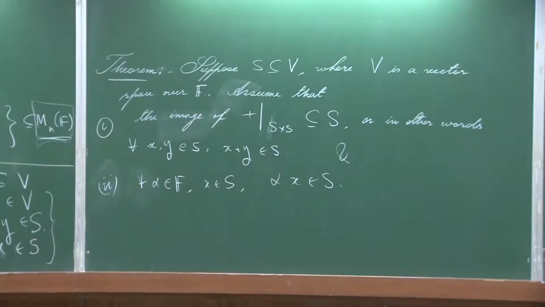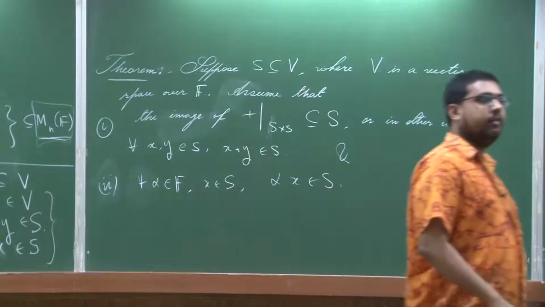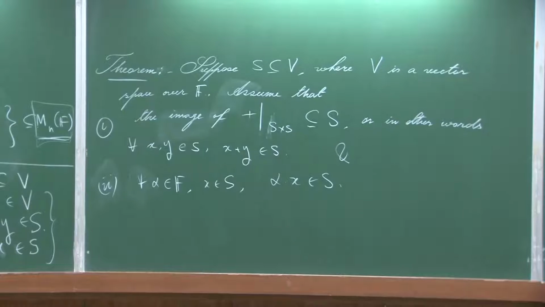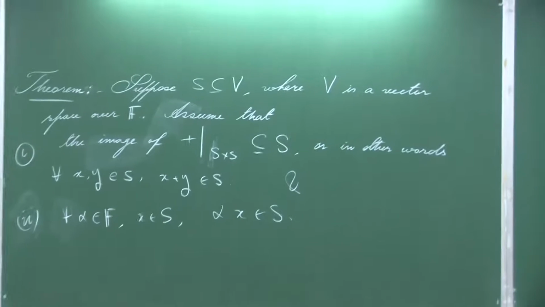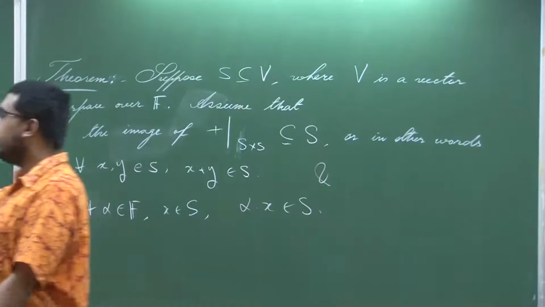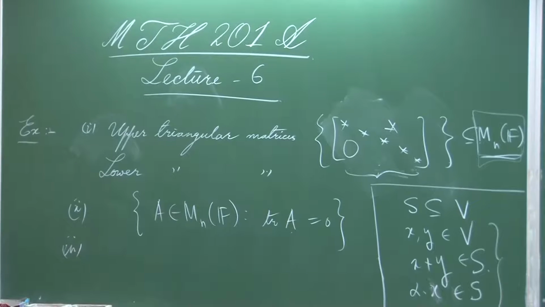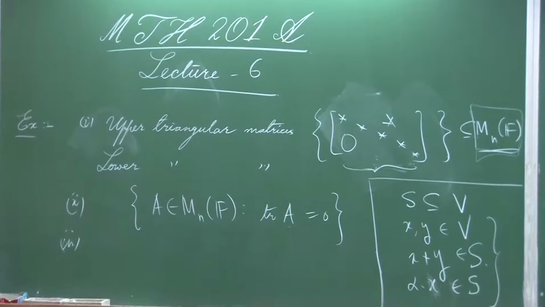Then what we have already seen in the 3 examples, S will become a vector space over F automatically by the operations adopted from those of V. So at least these 3 examples have shown us that this will happen in generality, but there is a small problem.